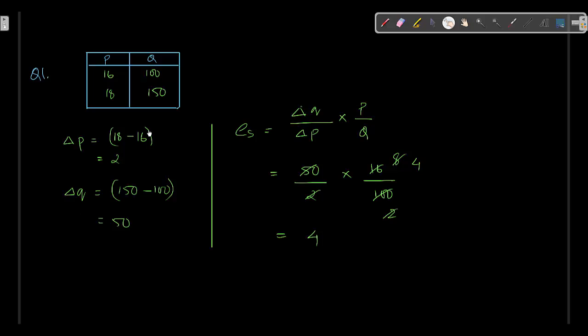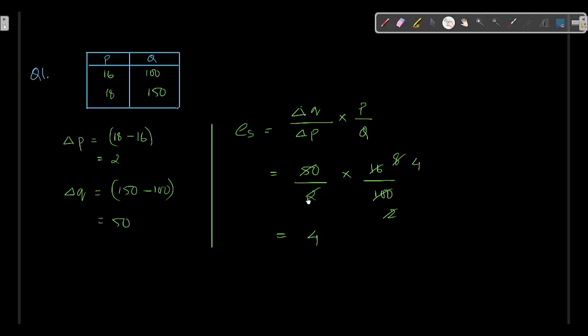So now how do we find the Es, that is elasticity of supply? The formula, delta Q by delta P into P by Q. So P here is original price, Q here is original quantity, and we have already found out the change in quantity and change in price. It is here 50 and 2. So you just put it here, 50 divided by 2 into original price 16 divided by original quantity 100.